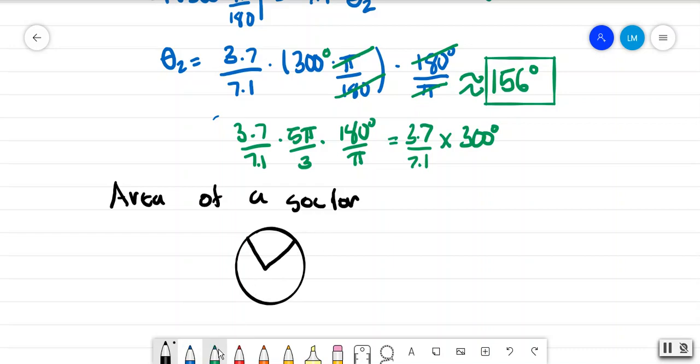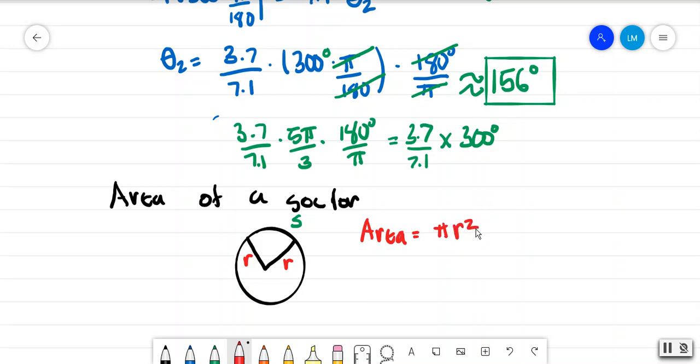In this case, S is still for the curve, and this is R and this is R. Now, the thing that we happen to know is that the area of a circle is equal to pi r squared.